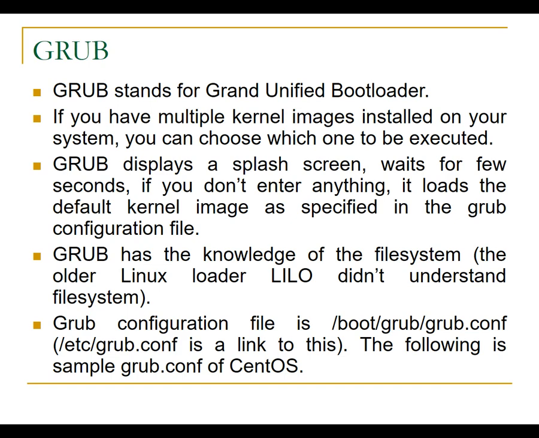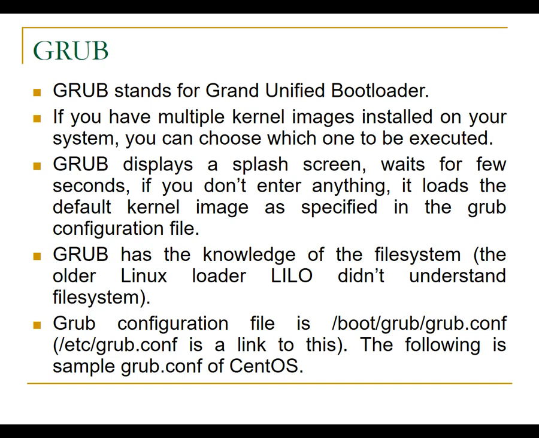Let me make it simple. Suppose in a single computer system we can install dual operating systems. Yes, it's possible. Again, let me revise the entire thing. Suppose we have one computer system, and in that single computer system you want to install Windows as well as Linux, then it is possible.